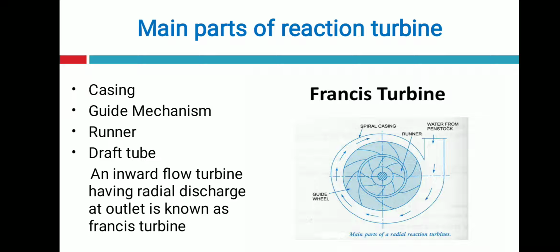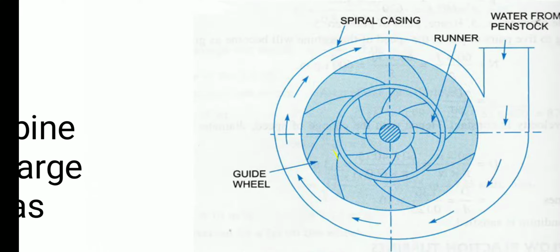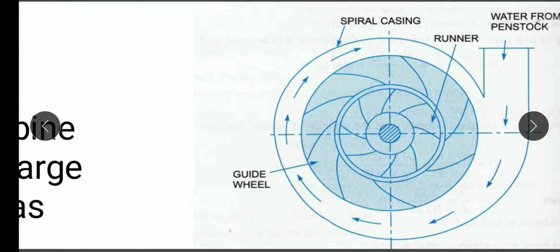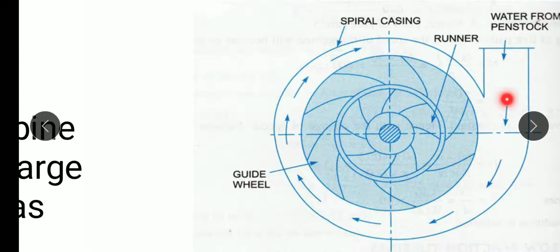So the main parts of a reaction turbine are the casing, guide mechanism, runner, and a draft tube. In the diagram you can see this part is called the spiral casing. The outer one is called the spiral casing.